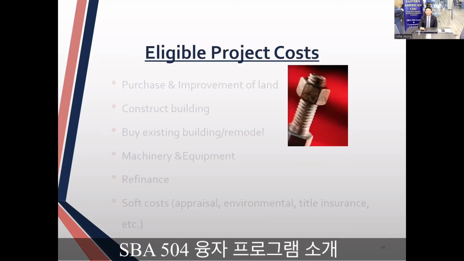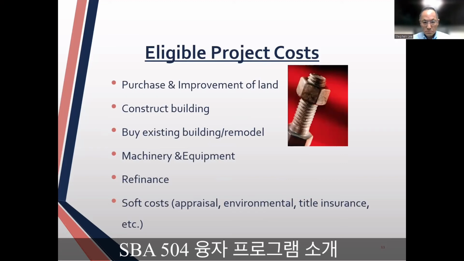Okay, what's eligible? Purchase and improvements of land, construction, buying an existing building, remodeling and renovation, and machinery and equipment purchase. Machinery here means big machinery, like for a food processing manufacturer, those kinds of businesses. I have a case where a manufacturing company purchased a manufacturing building.